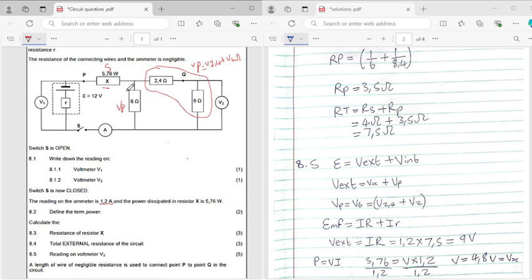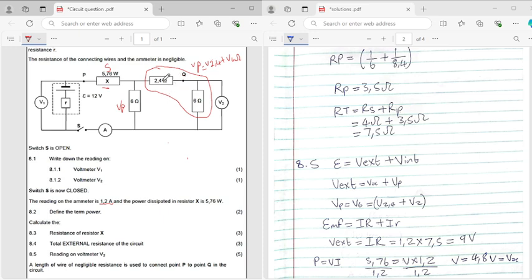And with the parallel, the voltage is the same, the current is just different because it divides. That's why here we're going to have VP, and on the other side we're also going to have VP. So the sum of that voltage will be equal to VP, because this side is parallel to this, right?